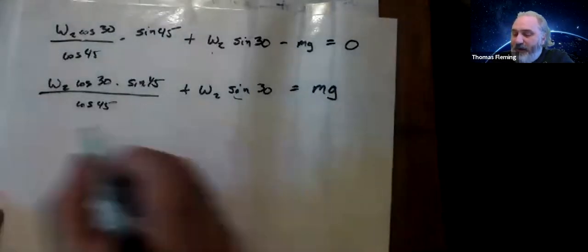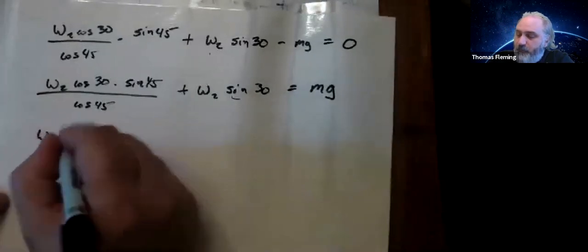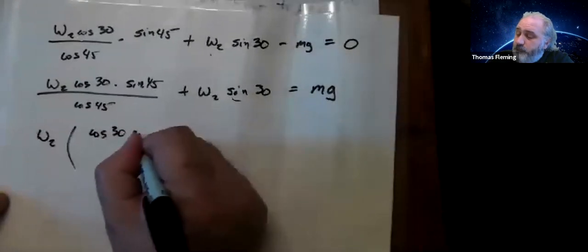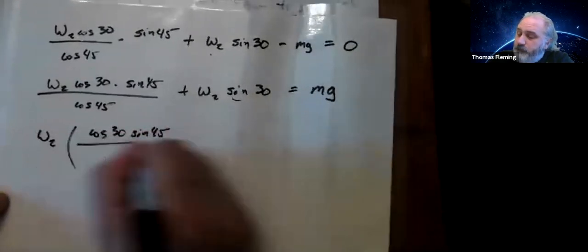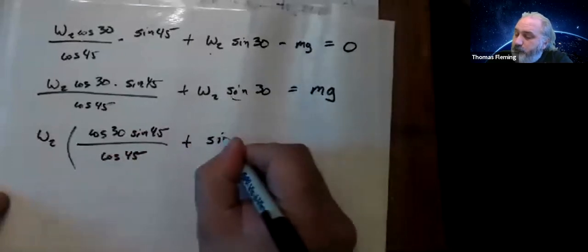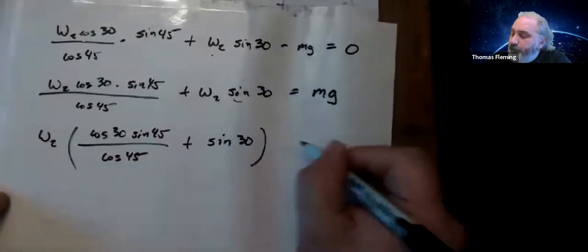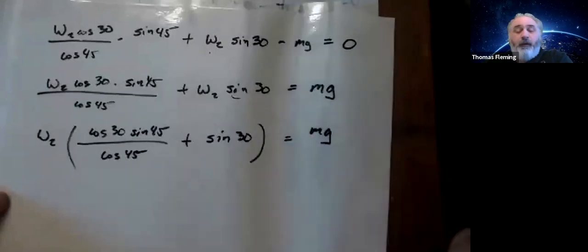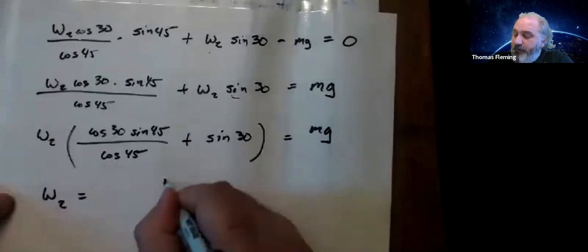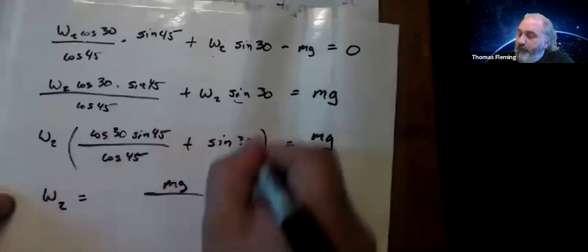You factor the W2 out. And therefore, W2 is going to equal mg divided by all this garbage.